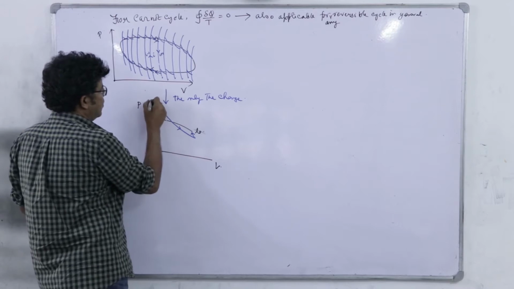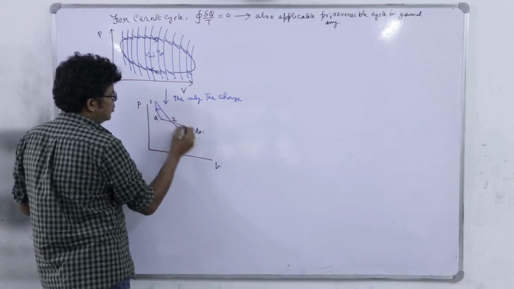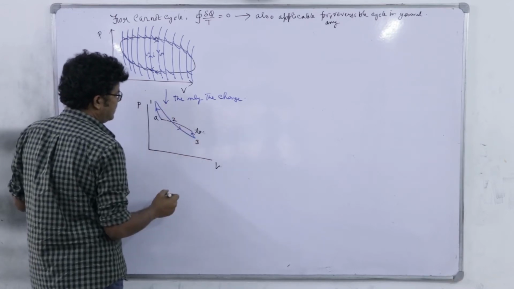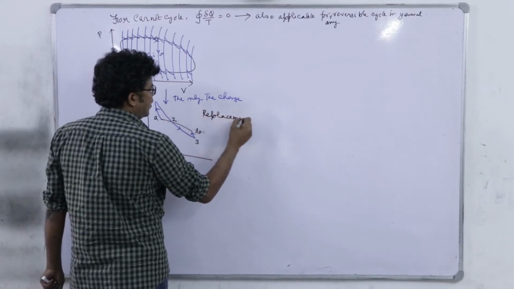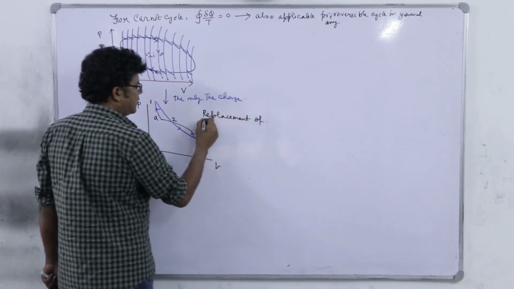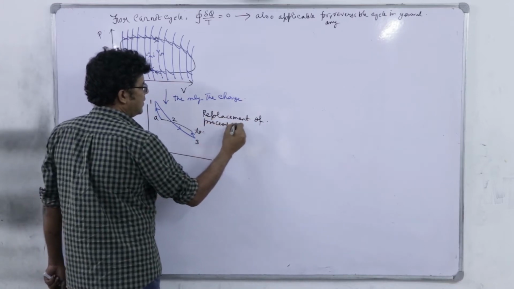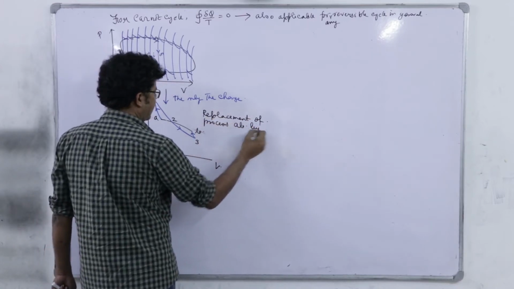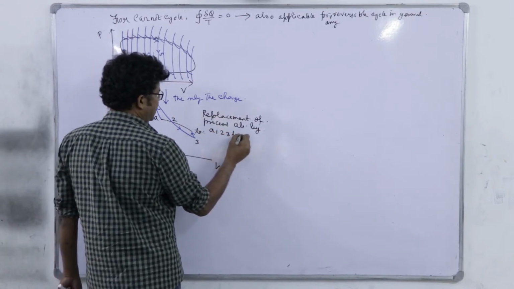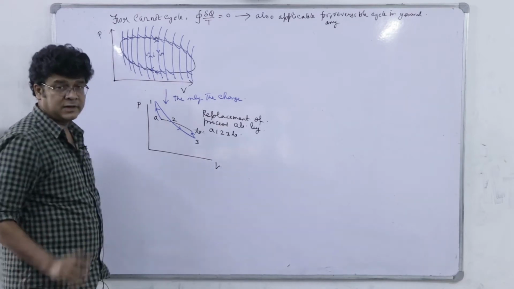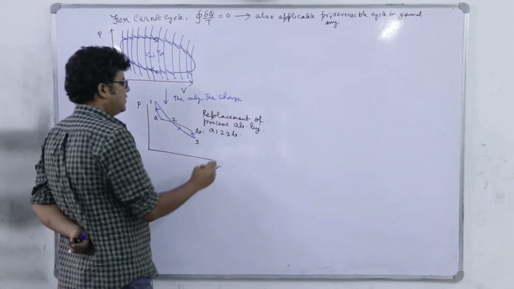So, A to 1, 1 to 2 to 3, and then 3 to B. So, replacement of process AB by A1, 2, 3, B, right, whether they are equivalent or not, that we have to establish.